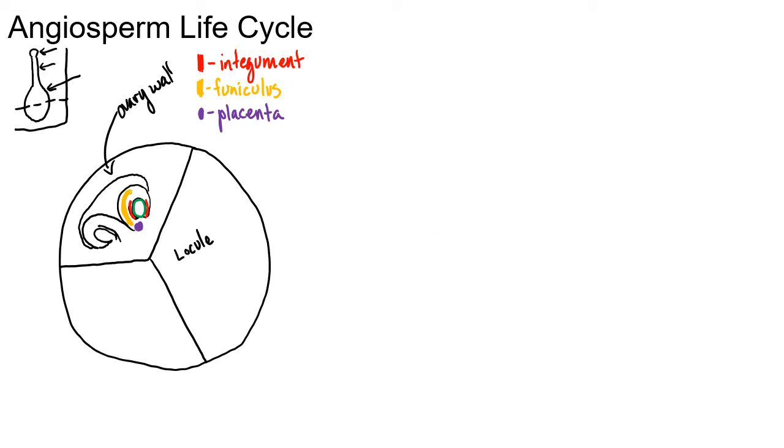And then we also have the green, which is our megasporangium. So we're going to look inside that megasporangium. Here's our developing ovule. So the megasporangium is there in green, and inside that we would have a diploid cell that would be the megasporocyte or the megaspore mother cell, called the MMC.